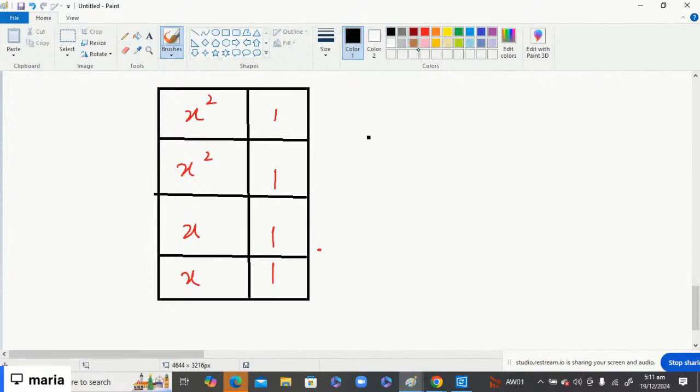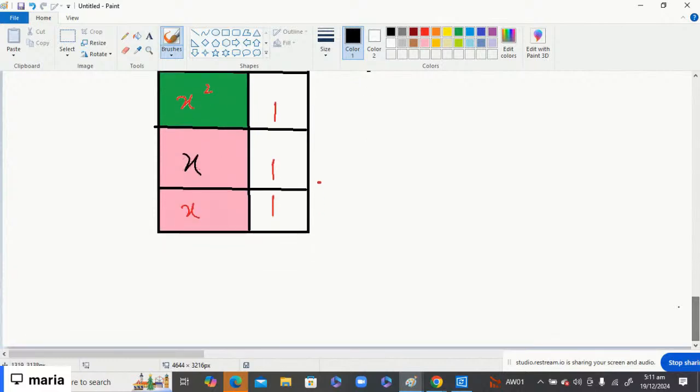First of all, how many x squares are there? 1 and 2. Got it? How many ones? There are 4 here. And how many x are there? This and this. Let's first check the base.